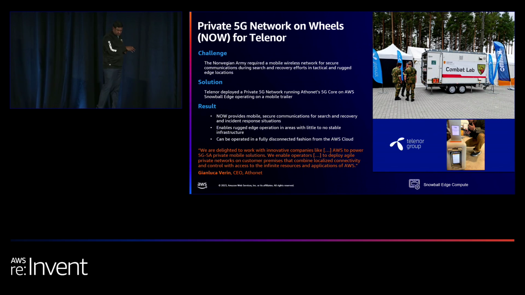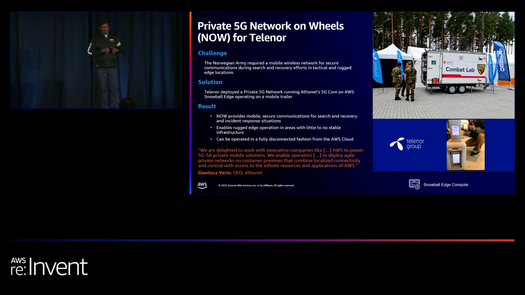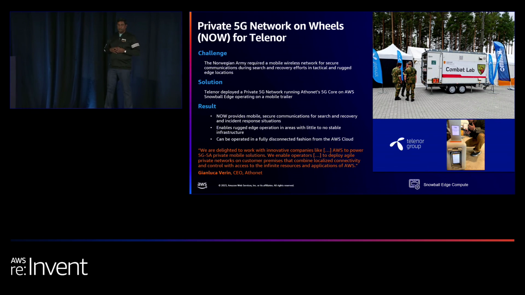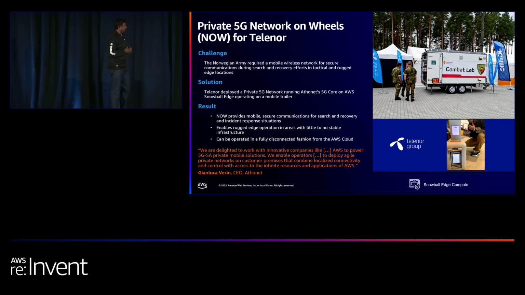And you can see the Snowball Edge, with that private 5G and edge compute, is deployed on that mobile trailer, so that it can be pulled into a disaster recovery area or to a forward military base, so that you can very quickly, in an area where there is no consistent power or network connectivity, capture data from sensors, from drones, and do analytics, make decisions to support the mission, and send data back to AWS.